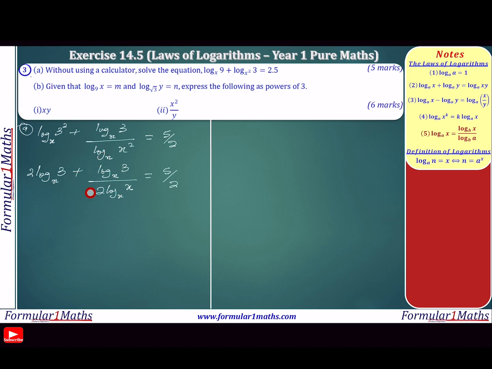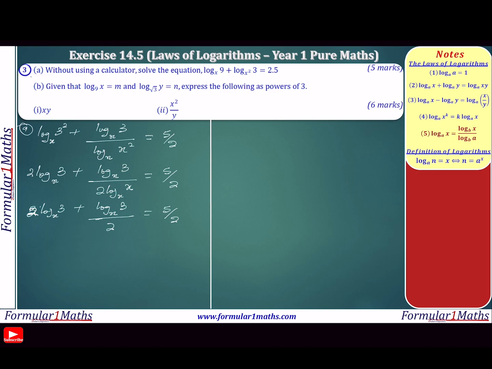So please note I've used the power rule to change this term here and the denominator to this. We can now see that log to base x of x is 1, and so we can rewrite the whole equation as follows. 2 log to base x of 3 plus log to base x of 3 over 2 is equal to 5 over 2.